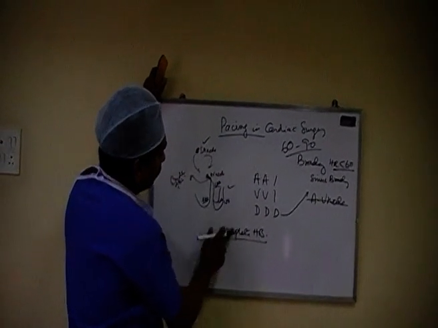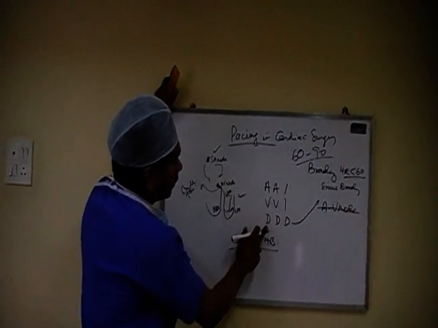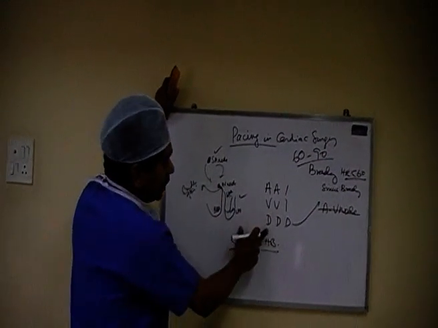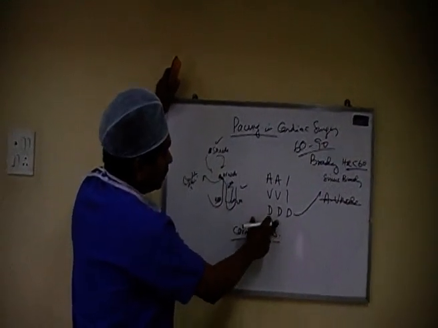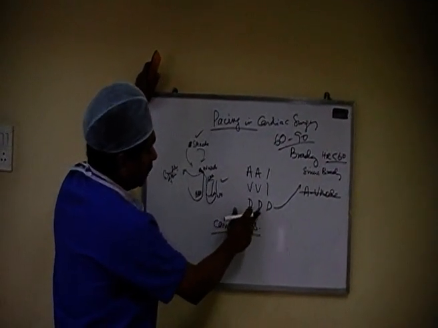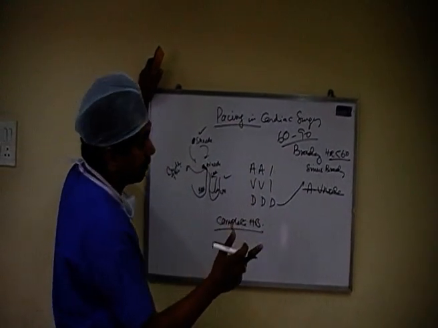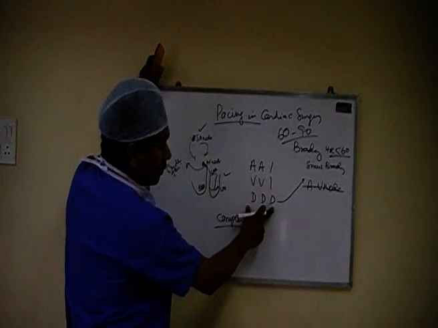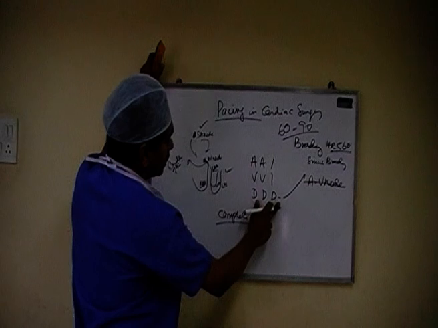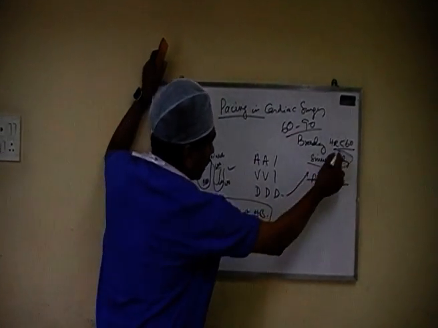So in complete heart block, if an atrial impulse comes at the normal rate of 70, the atrial part of the pacing box will sense it and inhibit itself, but if it doesn't sense the ventricular impulse, it will fire at 70 per minute, and whenever it finds a ventricular impulse, it will inhibit itself. So DDD is the best mode in complete heart block, and AAI in sinus bradycardia.